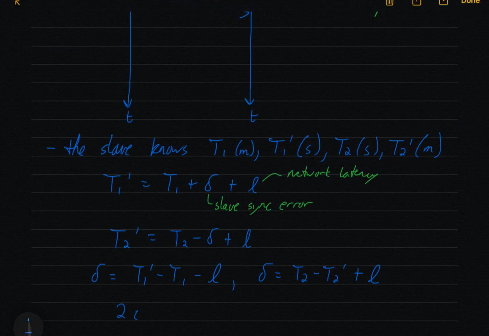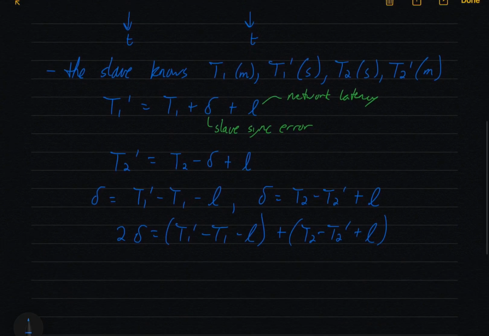So we can have 2 delta is equal to T1 prime minus T1 minus L plus T2 minus T2 prime plus L. And so the L's cancel each other out, and we end up with this equation.